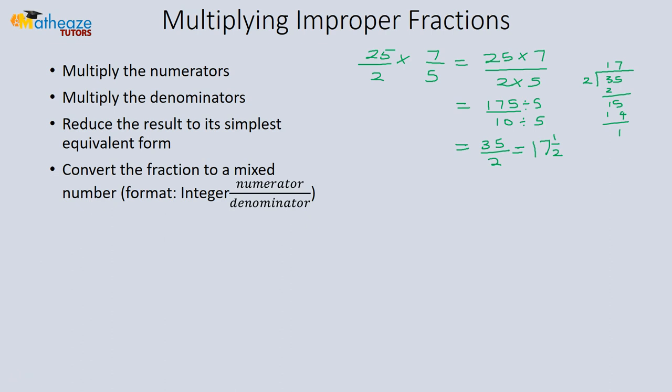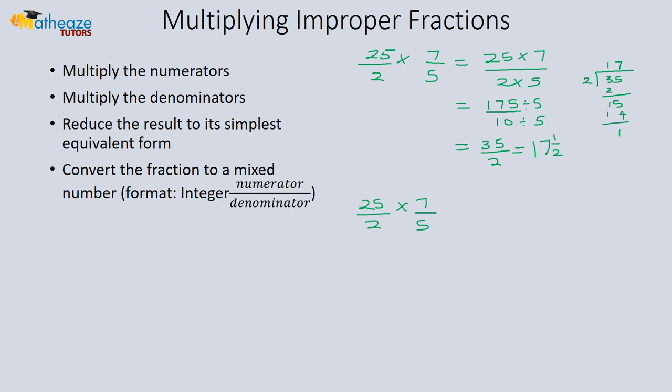So let's try the second approach. 25 over 2 multiplied by 7 over 5. So we're going to look at the set of numbers in the numerator and the set of numbers in the denominator and see if we can find some factor relationships.